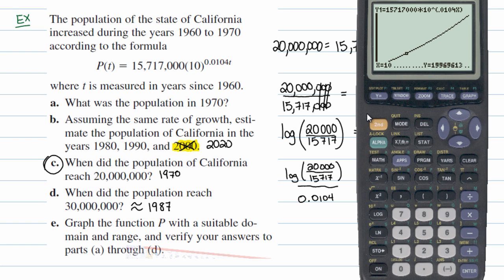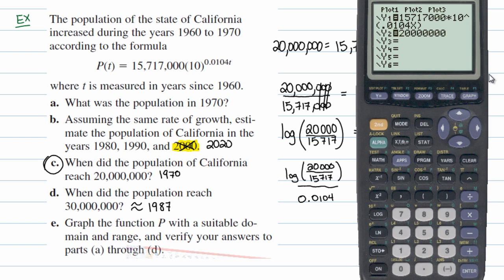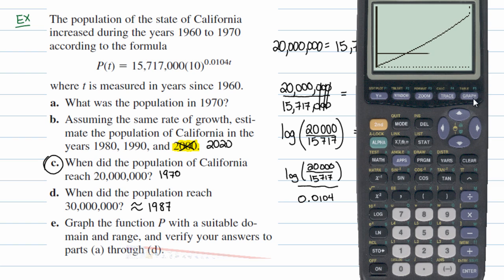That's one way you could do it. Or, kind of a cool way, is to graph the horizontal line 20 million. If you graph that horizontal line, that tells me the population level reaches 20 million right here. And you could use the calculator's intersect feature to find what time that occurs.